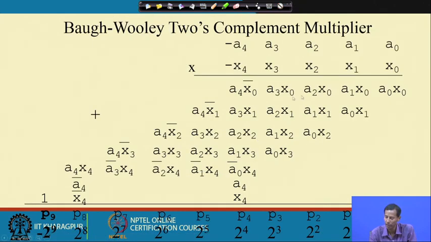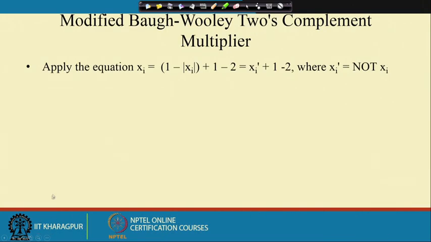Now this particular equation can be replaced as: at this position the value I am getting is A0 bar x4, where A4 and x4 are added, and here A4 x1 x4, A4 bar and x4 bar along with 1 at the 2 to the power 9 position, which is minus 2 to the power 9.